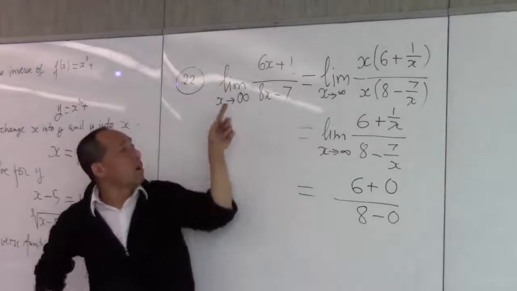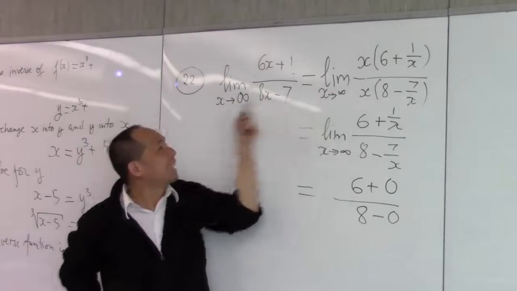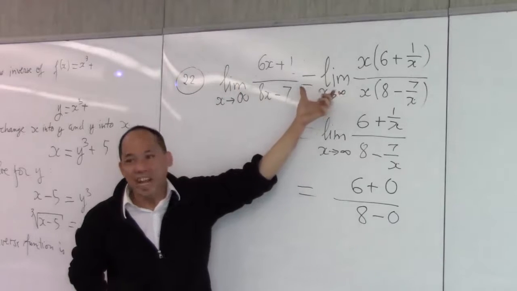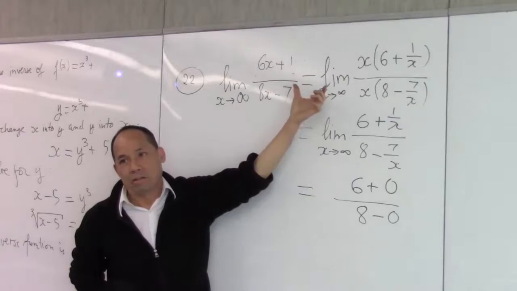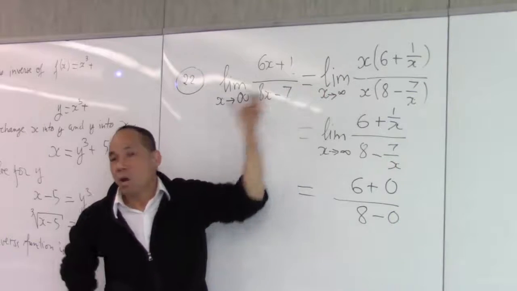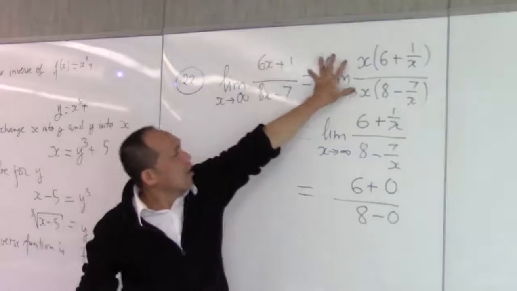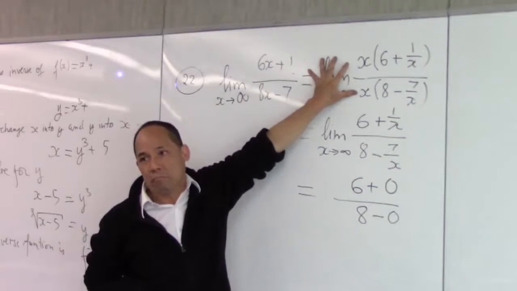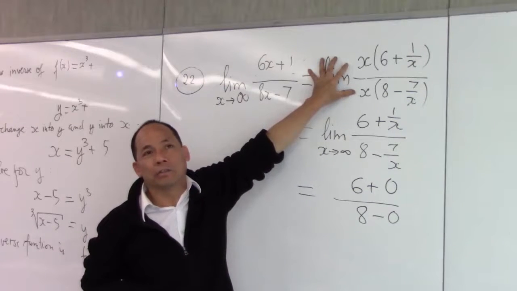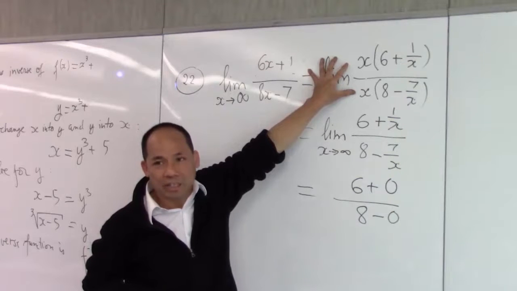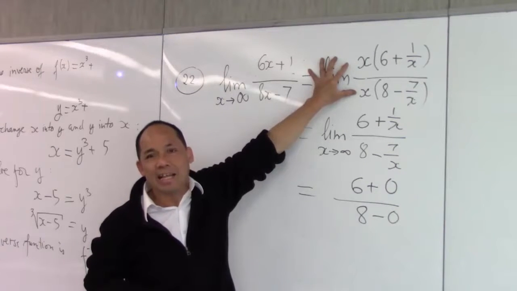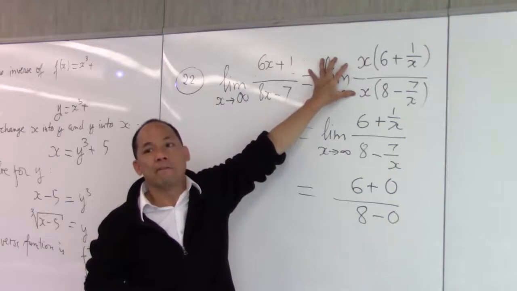From here to here, that's still the limit. I do not change anything, the limit stays in. When they jump this limit, that's not correct. That's why I say the presentation shows whether you understand deeply or not.